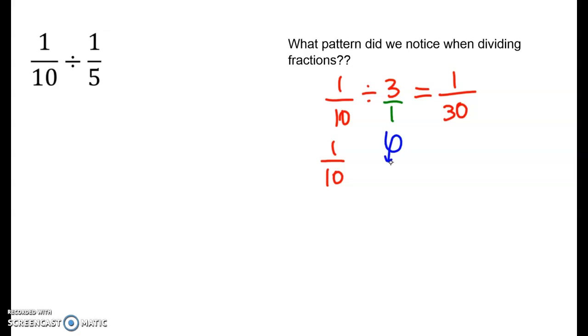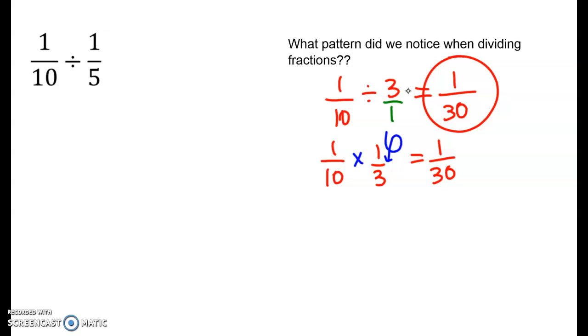That's what that symbol means. I flip it to be 1/3. You see, it used to be 3/1, and I flip it. And when I flip the second fraction, I turn the sign to multiply. And we know how to multiply, don't we? Numerator times numerator, denominator times denominator. And that's how we got our answer.